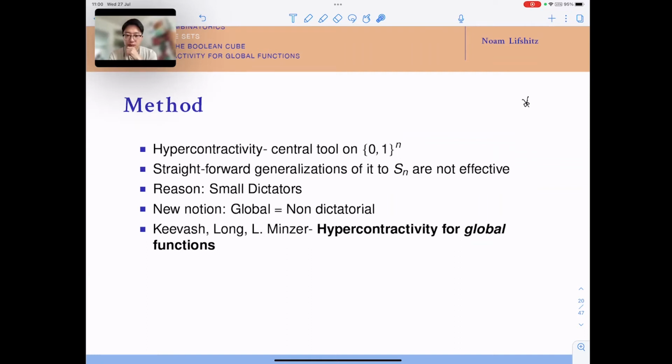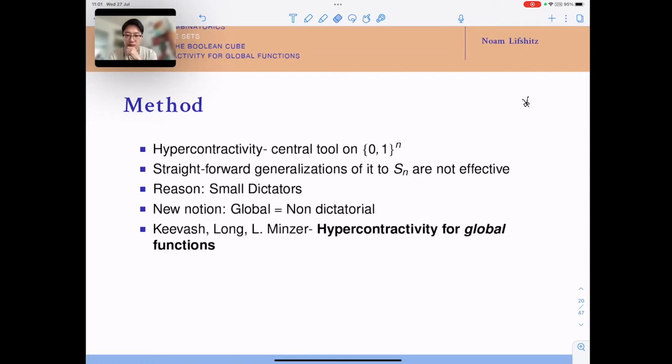If you try to generalize it in a straightforward way to the symmetric group, people did it actually, but the generalizations are not very effective. The reason is that there are small dictators, and small dictators ruin hypercontractivity, or at least effective versions of it.